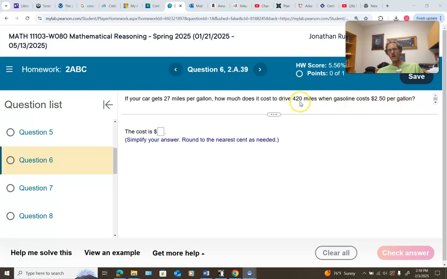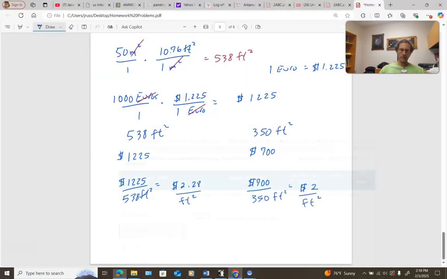Okay. So I'm going to start with 420 miles. And then I'm going to convert that to gallons, and then I'm going to convert the gallons to dollars with this last conversion factor. Okay, so I guess I'll do it down here. So it's 420 miles that we're driving. I'll put that over 1 times, and I believe it was 27 miles per gallon.